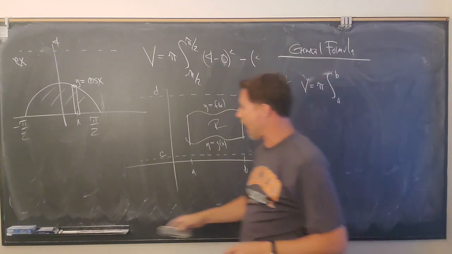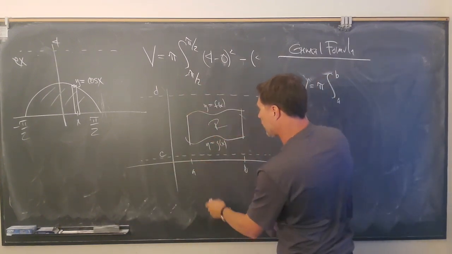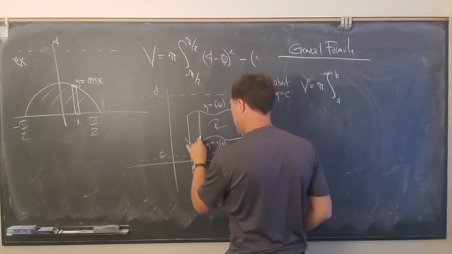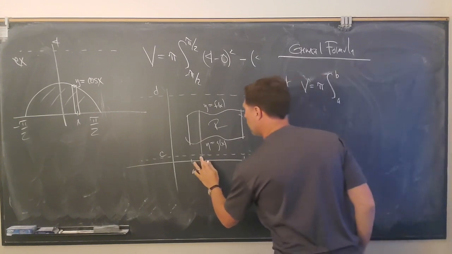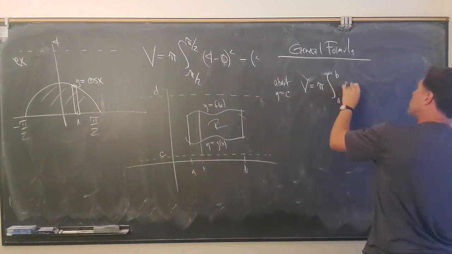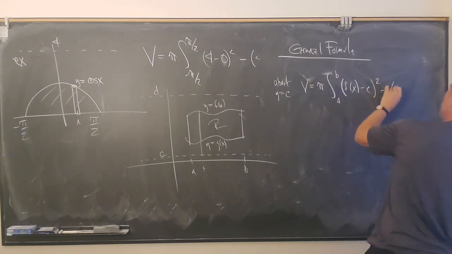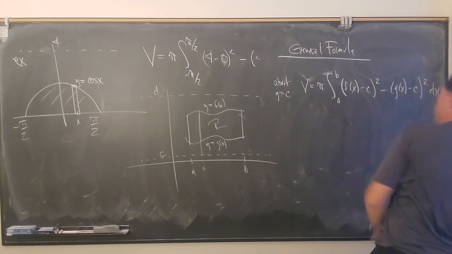And then the outer solid is generated by the function f. This distance right here, if we chop at position x, is f of x minus c, squared. Subtract away the inner solid, that will be g of x minus c, squared dx.